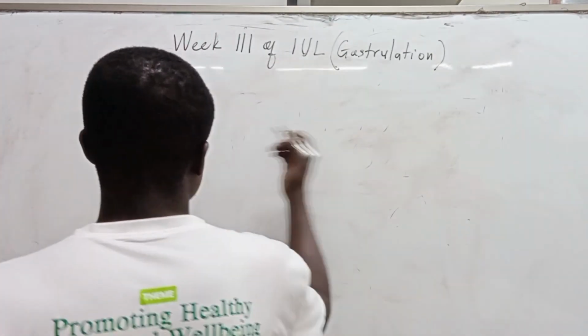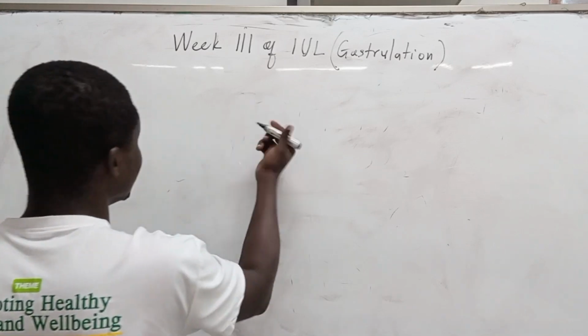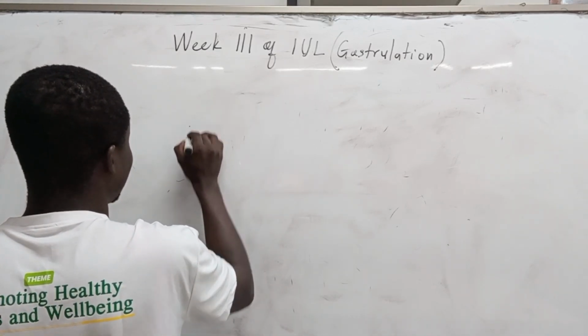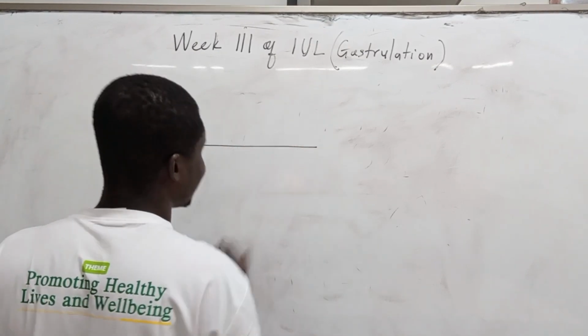So we saw that there's going to be this hypoblast and epiblast. Now this is the axis.